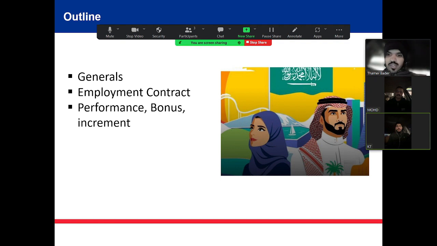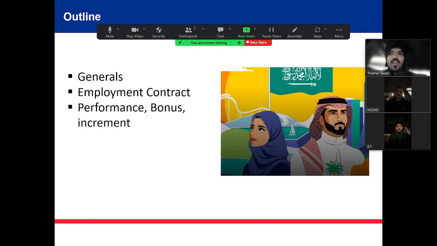So first, let me ask you, what is the purpose of implementing Saudi labor laws? Do you know the purpose, Mr. Mohammed? Yes. To organize the relationship between the workers and organization. Excellent.